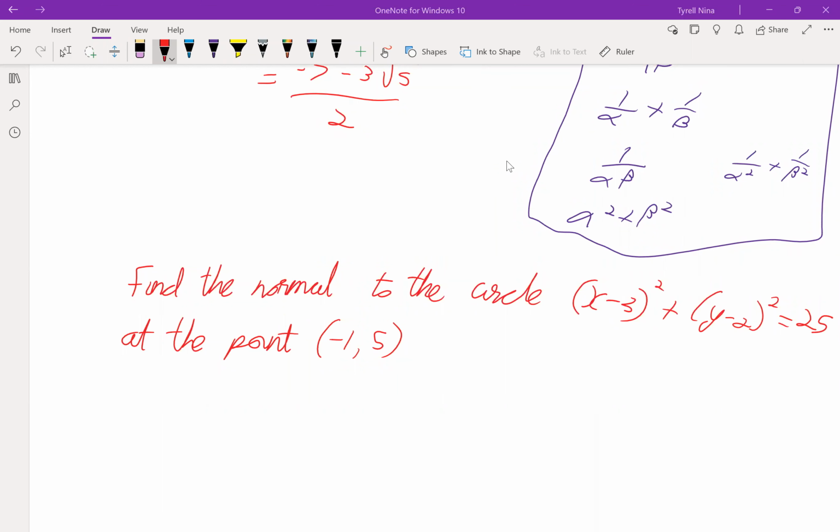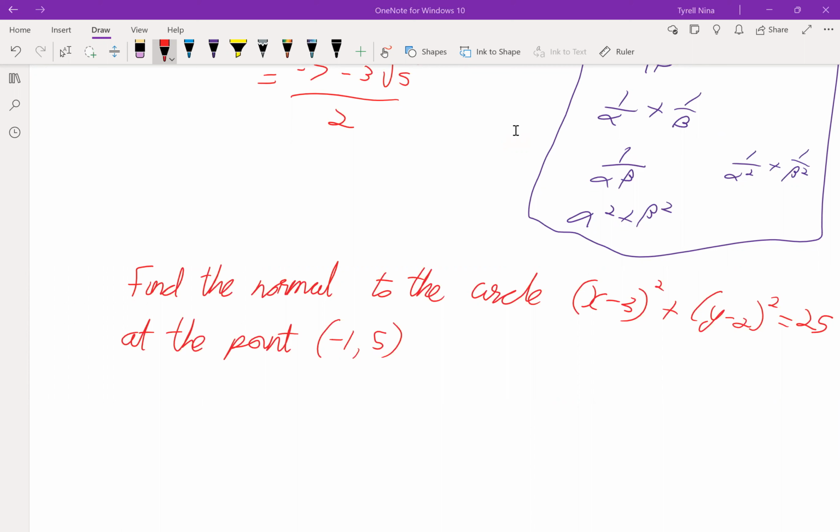All right, so find the normal to the circle. See if you all can remember how to do this. Right, so the difference between normal and tangent is the gradient, right?